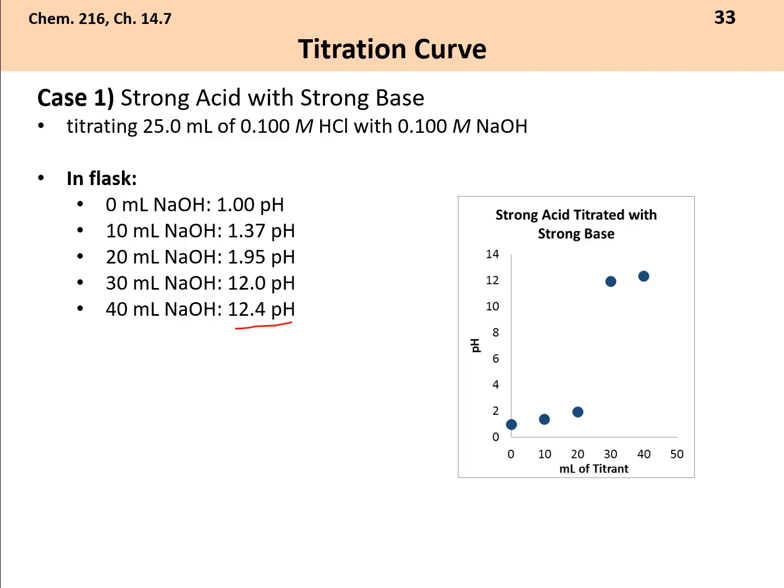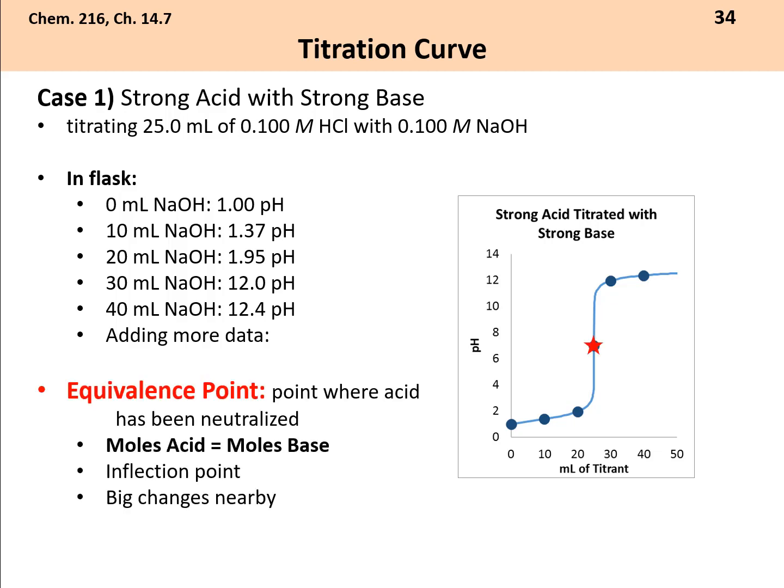And I could actually get even more data, and I'd get something that looks like this. This is a pH curve. And right here is my equivalence point. It's the point where my acid and my base are equal. On this side I have too much acid, on this side I have too much base, and right here I have equal amounts of acid and base.